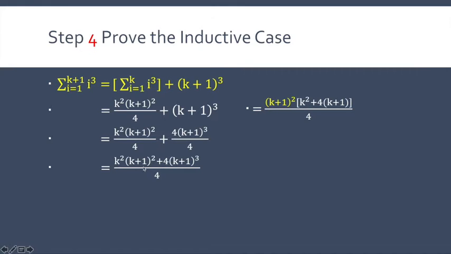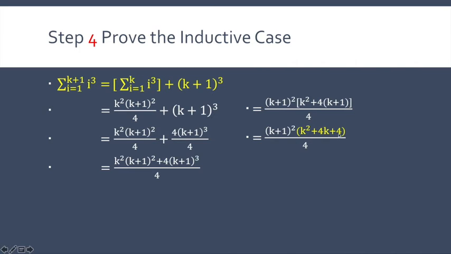Because they both have (k plus 1) squared, we're going to factor that out. So the first term will only remain k squared, and for the second term we still have 4 times (k plus 1), which is like this. Then we multiply the 4(k plus 1) out. We got k squared plus 4k plus 4.